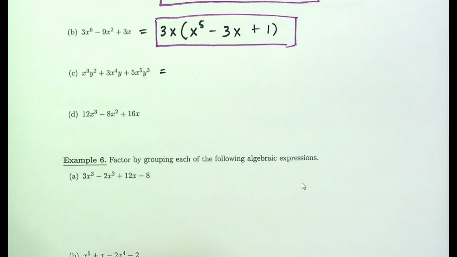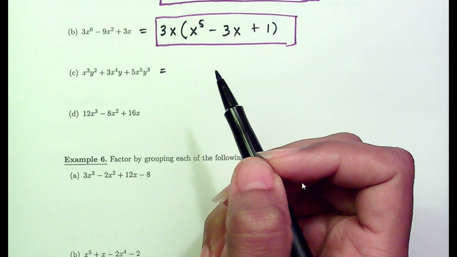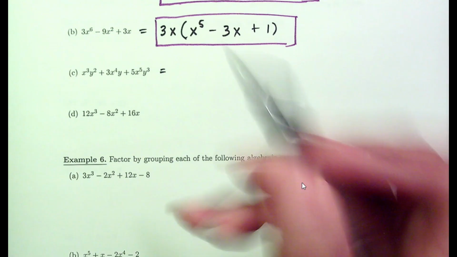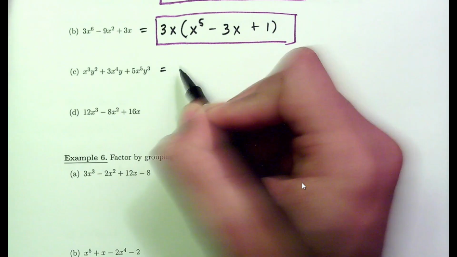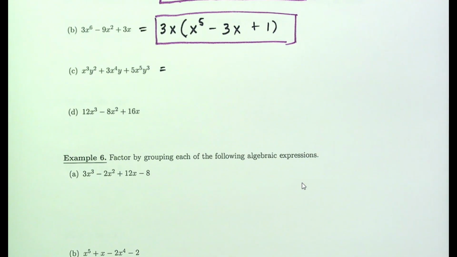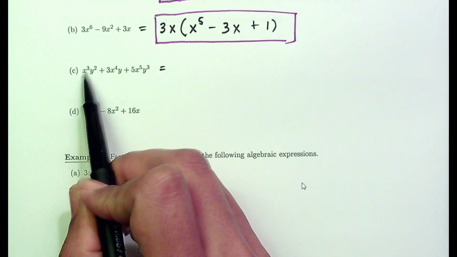Okay, starting with the coefficients 1, 3, and 5. They only have 1 in common. The GCF of 1, 3, and 5 is just 1, and so you can write 1 or not write anything. Then for the x's, the powers are 3, 4, and 5: x cubed, x to the 4th, x to the 5th.